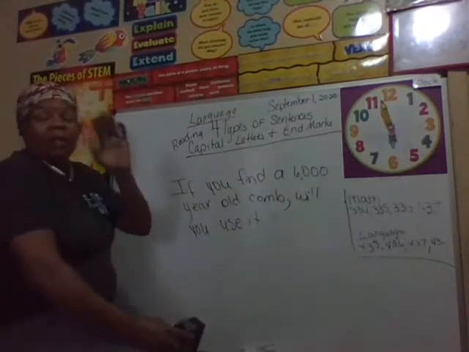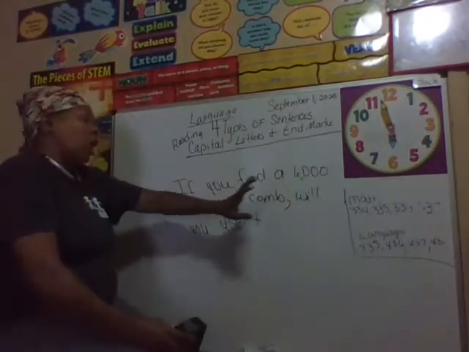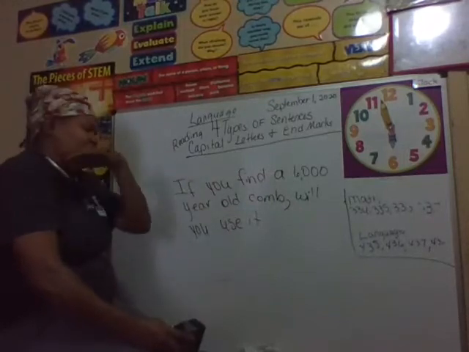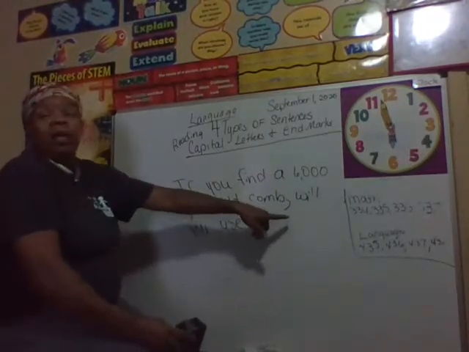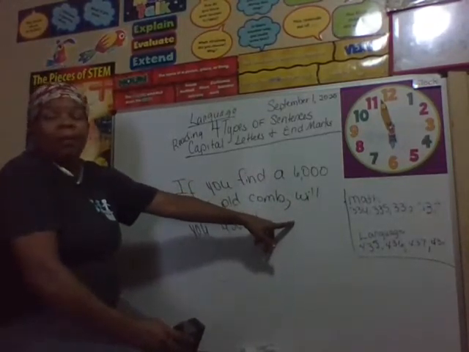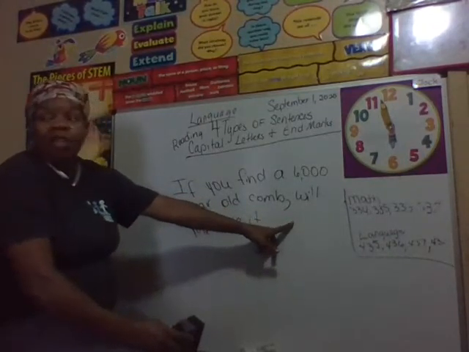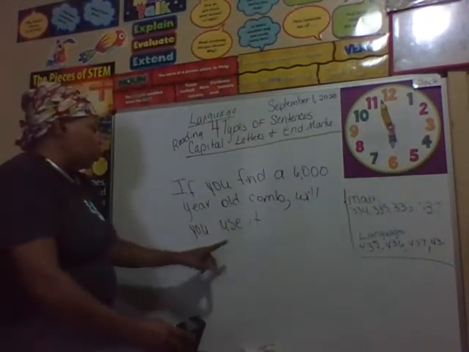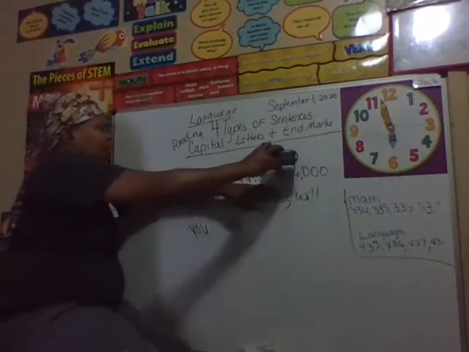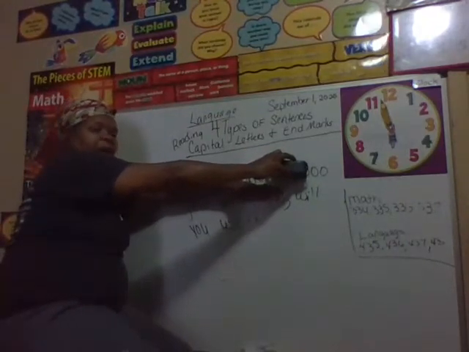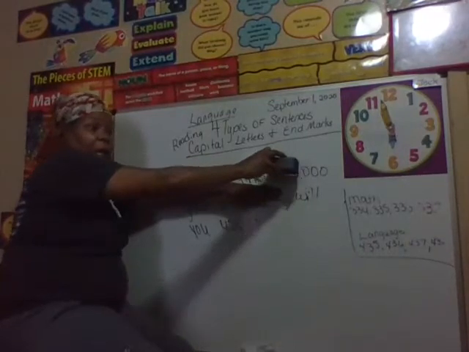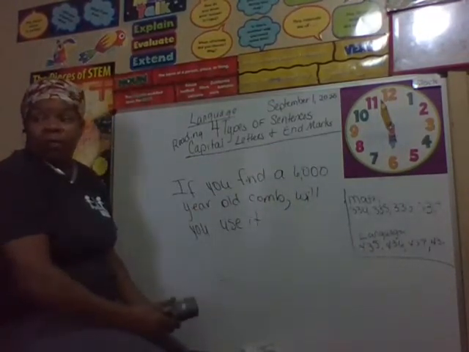So instead of them just adding some more words to make subjects and verbs and predicates and all that good stuff, they put a comma because they're going to pause it. Now they're going to completely ask you something. Will you use it? Now let's look. Is that a complete thought? Yes.